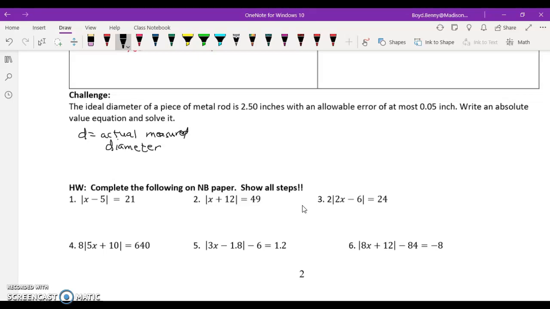Because obviously every piece of metal rod is not going to be a perfect 2.5 inches. So that would mean that the difference between the measure and the perfect size would have to be within 0.05. And of course you would set this up and solve it just like any other absolute value equation.